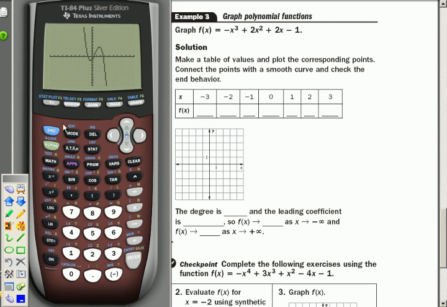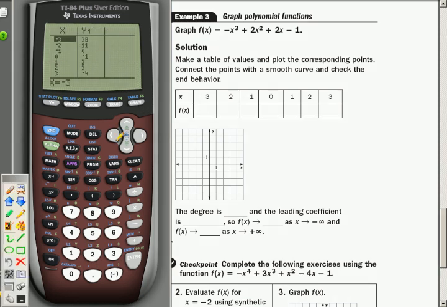So what I'm going to do is go to my table, and my table looks like it's all set up for me. If my table wasn't set, I could go to table set. And where do you want your table to start? -3 looks pretty good. Go in increments of 1. Yep, I'm going in increments of 1 over here. So when I go to table, look at what I got.